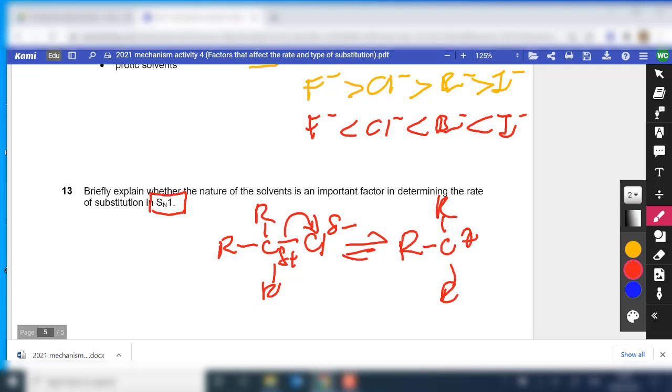Therefore, for SN1, it will definitely work best in the presence of a polar protic solvent. That will be the end of the debrief for the remaining questions of activity 4. Thank you.